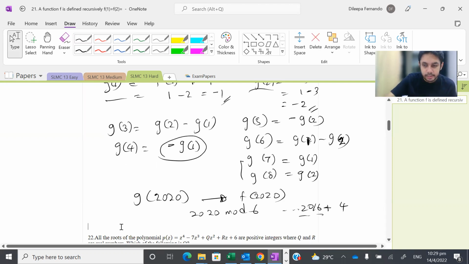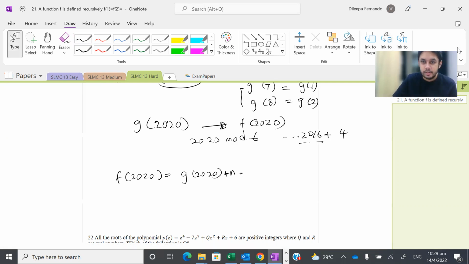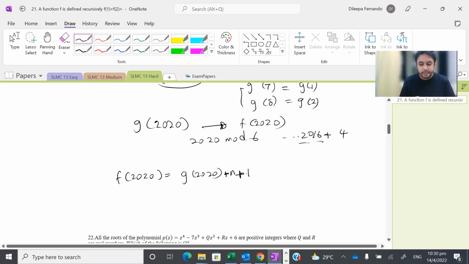So let's substitute minus G1. So we know that F2020 equals N plus G2020 plus N plus 1.